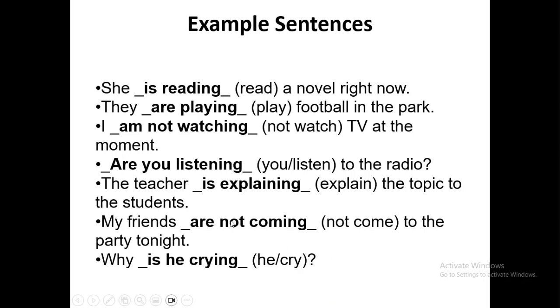So the right form of the verb is why is he crying? This is how we will get sentences with forms of verbs in the examinations. I hope that you understand the present continuous tense topic.